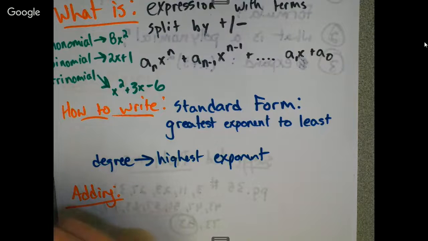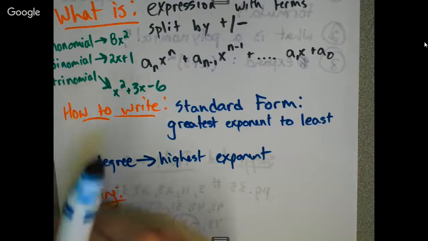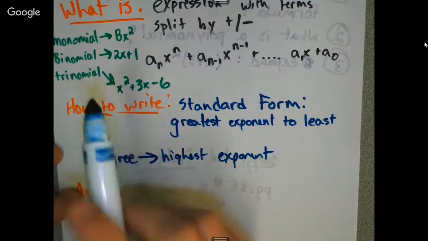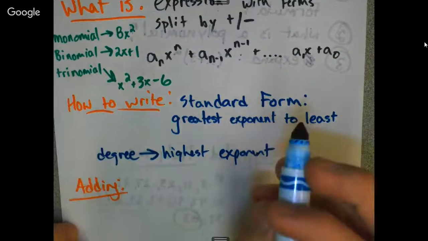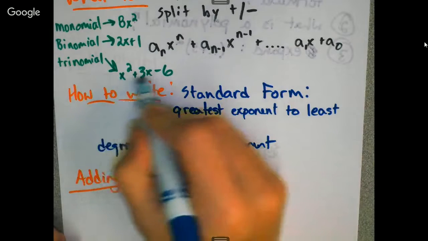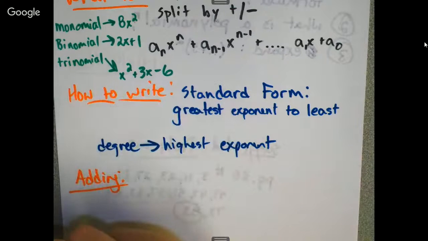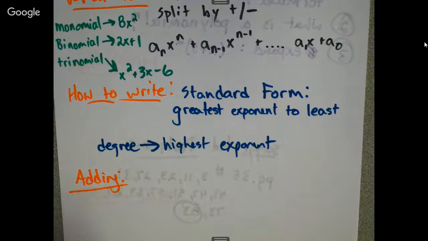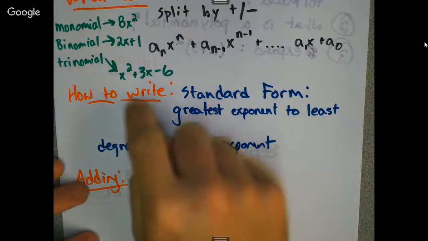It just doesn't necessarily need to, but we only like to deal with polynomials that do only have one letter. We could put like a y in each one of those as well to make a polynomial. But okay, so highest degree to lowest degree is standard form, and the degree is your highest exponent.